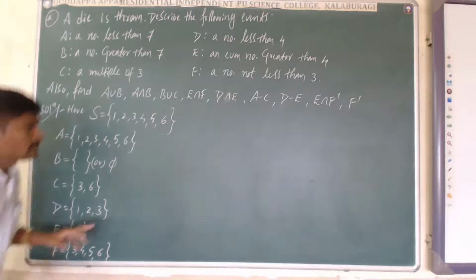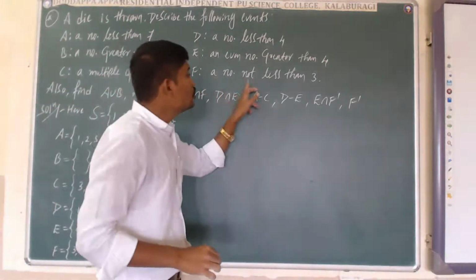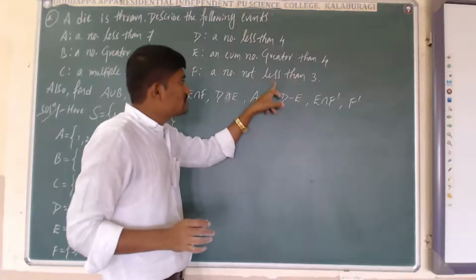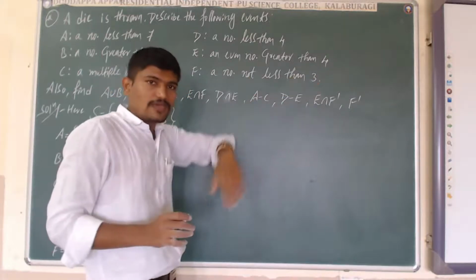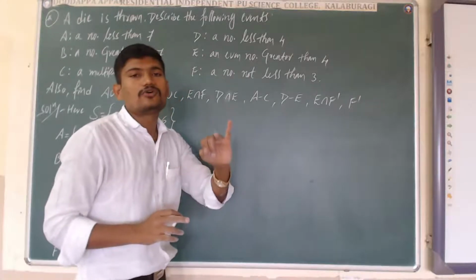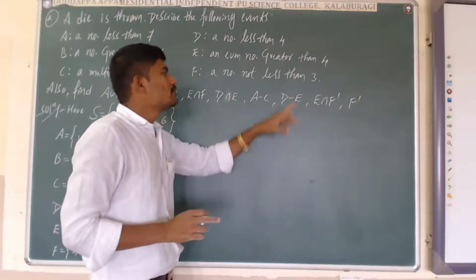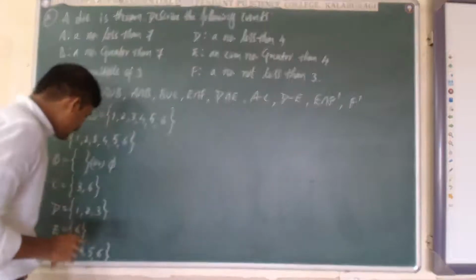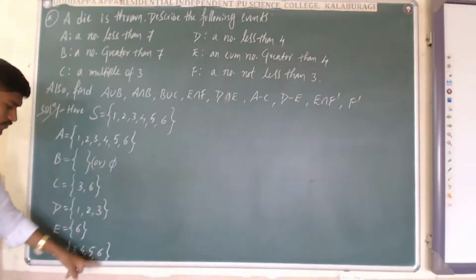See, listen here, dear students. A number not less than 3 is given. Less than 3 is nothing but what? 1, 2 only. So 1, 2, these two are elements of less than 3. But here, not less than is given. So that's why we must write 3, 4, 5, 6.